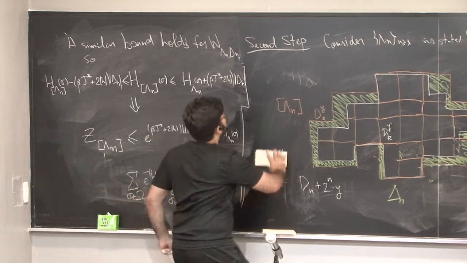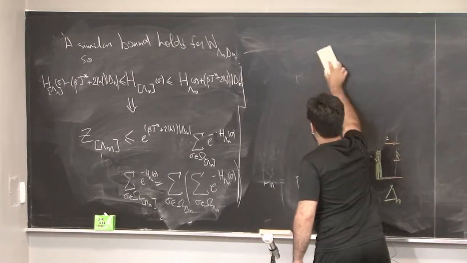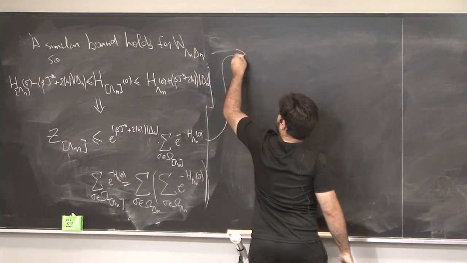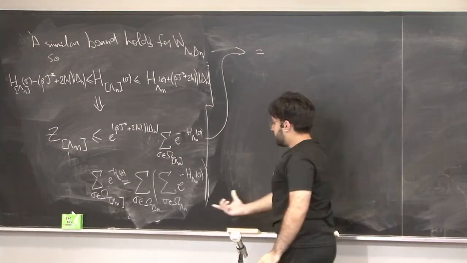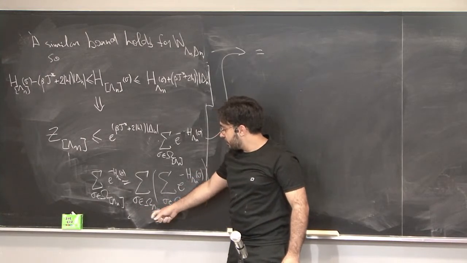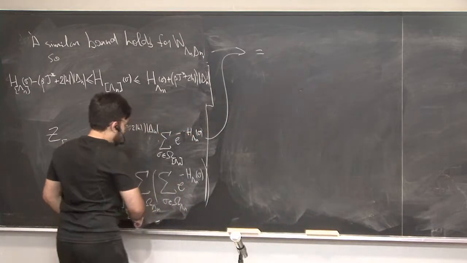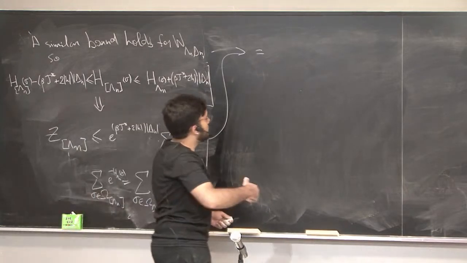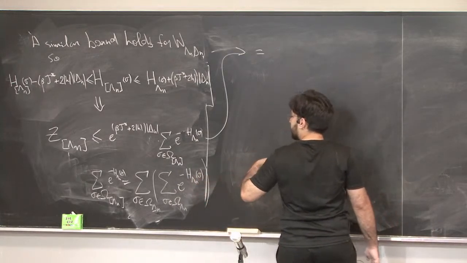Since we only have plus or minus spins, all the possibilities of configuration are just 2 to the power of the size of delta n.